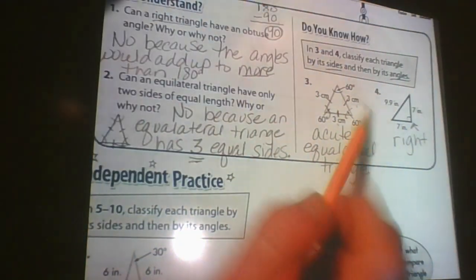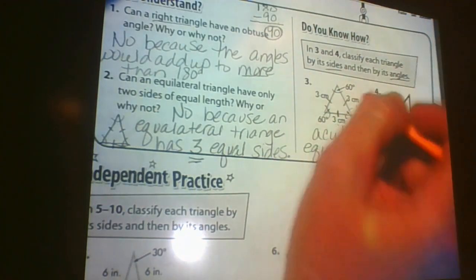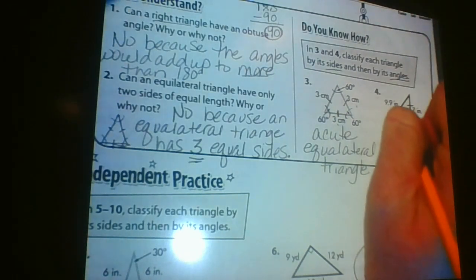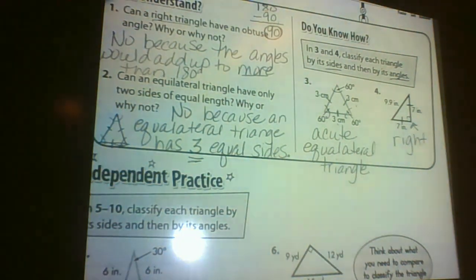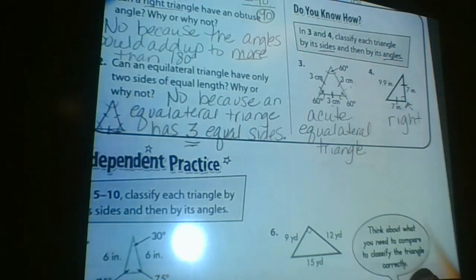My sides here are 9.9 inches, 7 inches, and 7 inches. Well, I repeated 7 inches twice, so these two sides are the same. That means I have an isosceles triangle. So this is a right isosceles triangle.